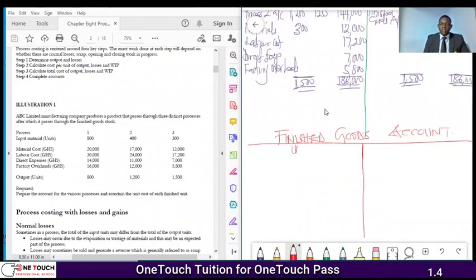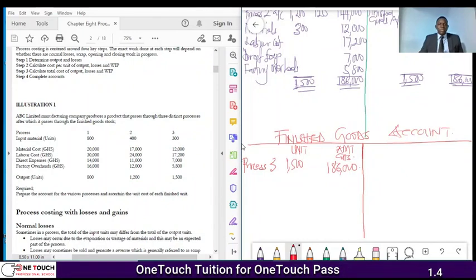So we have the process 3, the output coming out of process 3. The total unit is 1,500 at a price of 186,000. Good. So that's about it. So this is how the process account looks like.